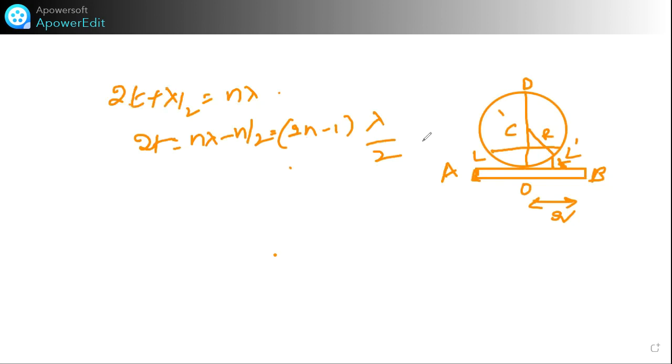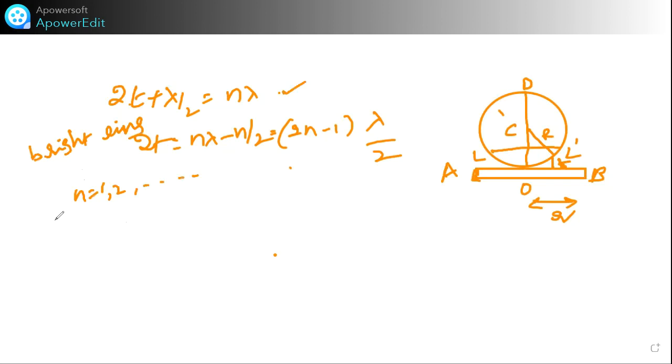This is the condition for bright ring, because this is the condition for maxima, where n is equal to 1, 2, 3, etc.